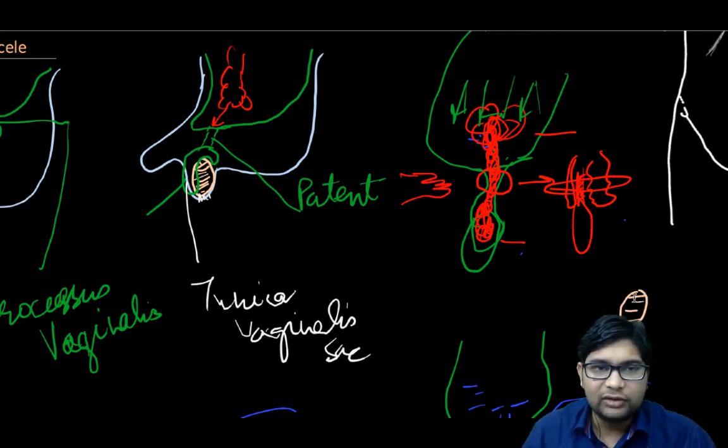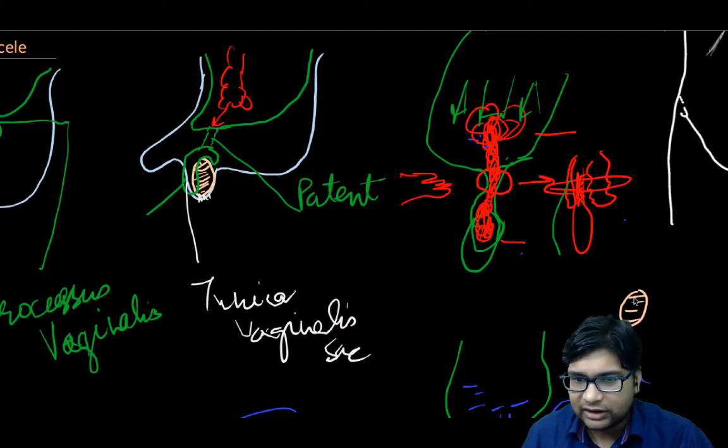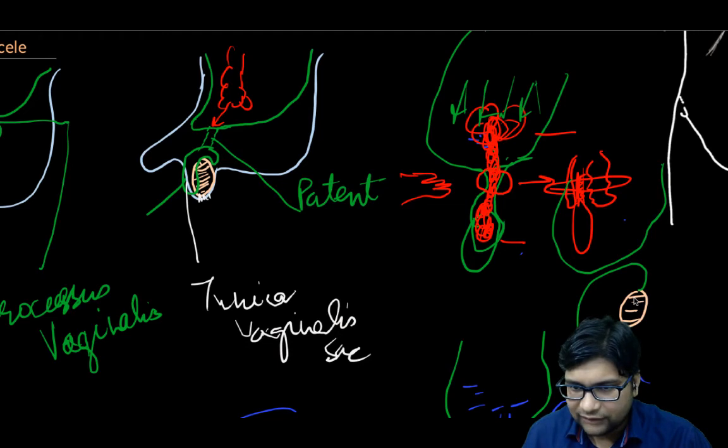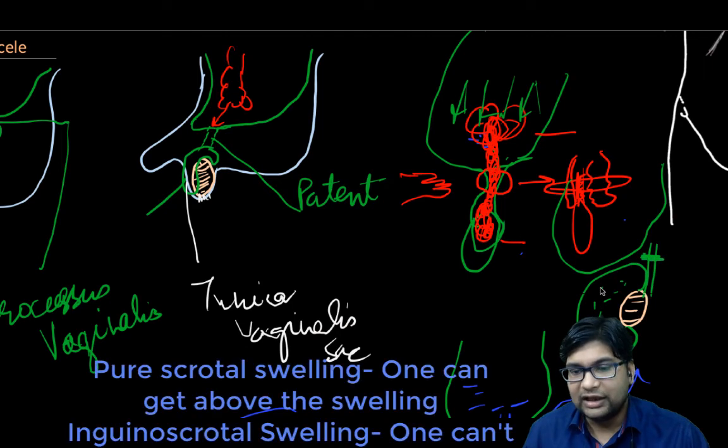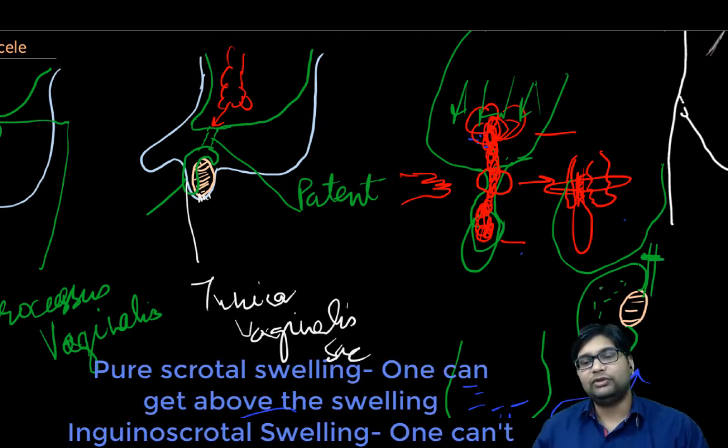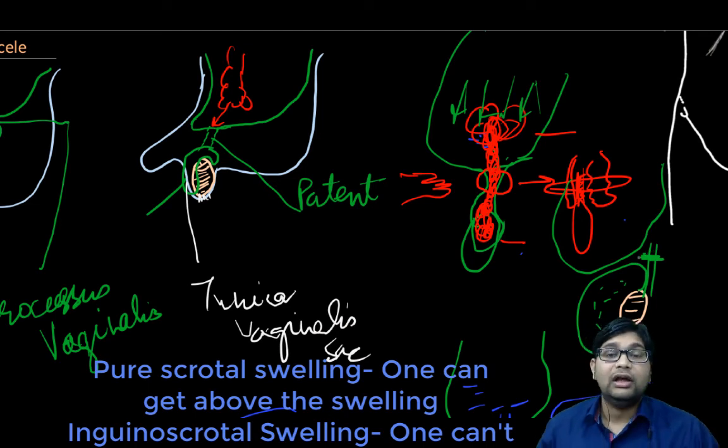So acquired hydrocele has no connection with the peritoneal cavity. There is enlargement of the tunica vaginalis sac here, and there is fluid. So once you palpate at the top of the scrotum, you will be able to feel only spermatic content. This test is known as being able to get above the swelling.